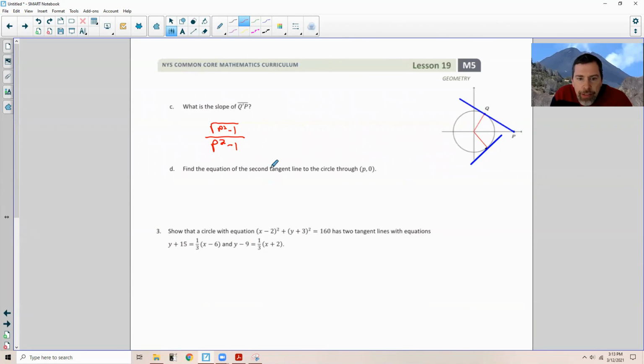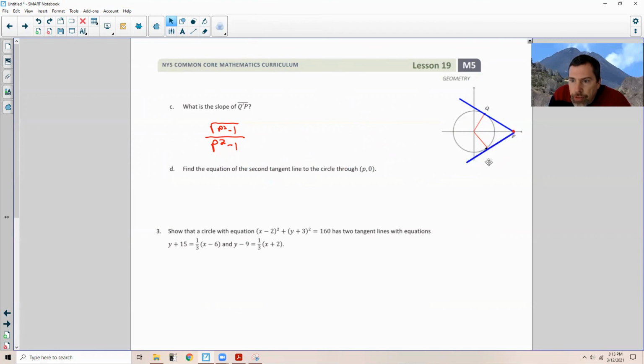And D says find the equation of the second tangent line to the circle through P0. Or PO, I mean, that's P0. Okay, so what that should be is going over to here, and let me move it up.